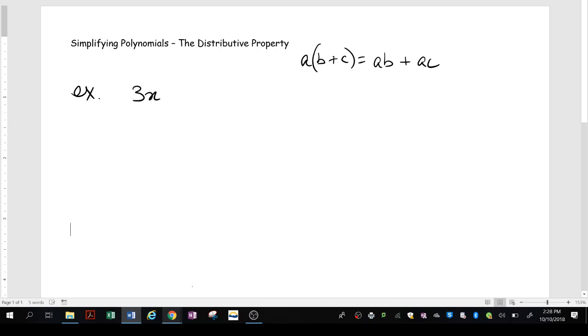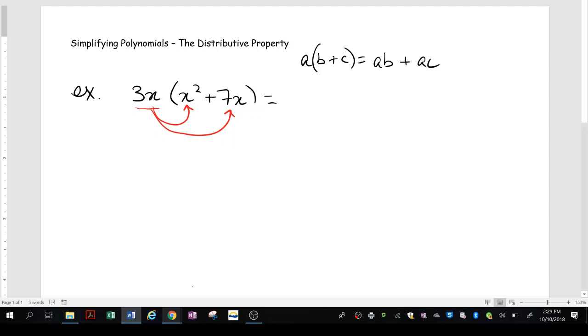We have 3x and we want to multiply that by the expression x squared plus 7x. The distributive property says that we need to take our first term 3x, multiply that by x squared, and then add to that 3x multiplied by 7x.